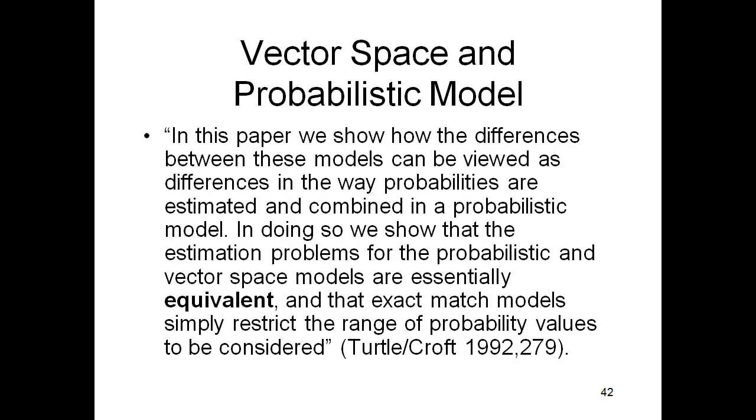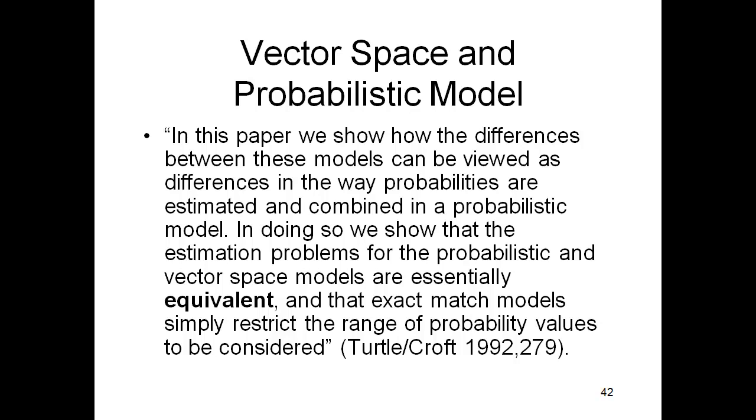But, and that is why we can allow ourselves to not go too much into the probabilistic model, is the assumption by Turtle and Croft in 1992. They say, well, we show that in the theoretical discussion about probabilistic models and vector space models, these are basically essentially equivalent.